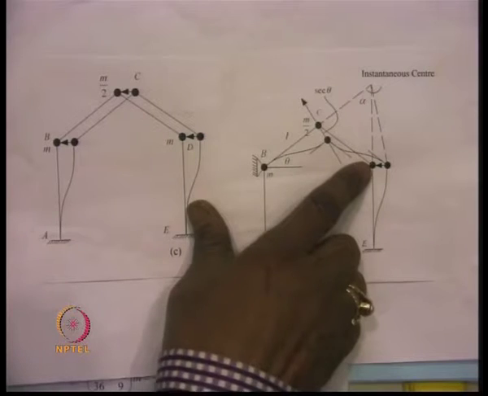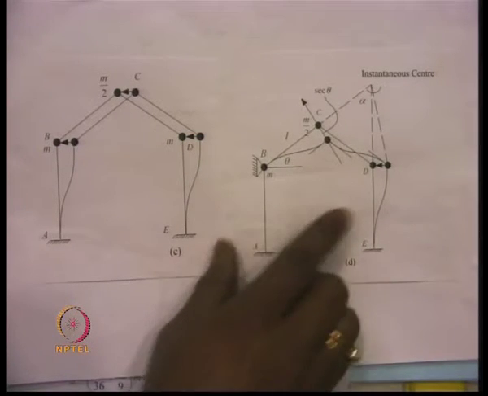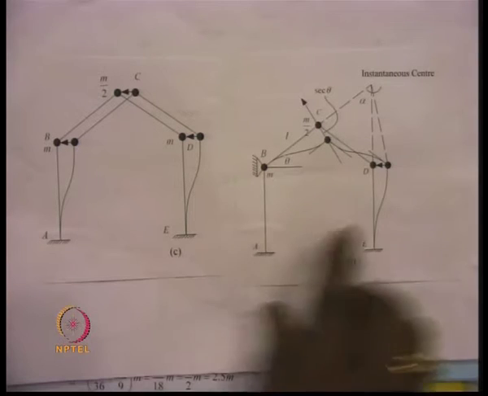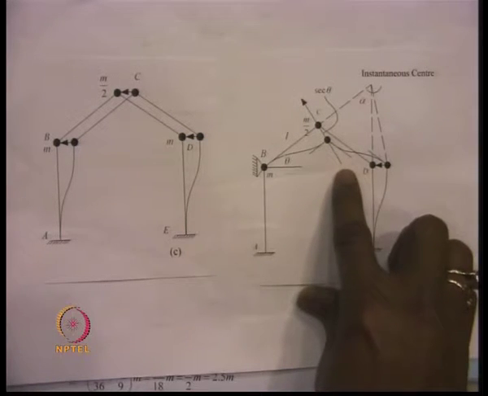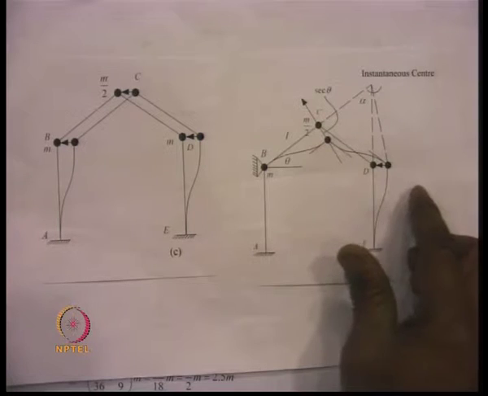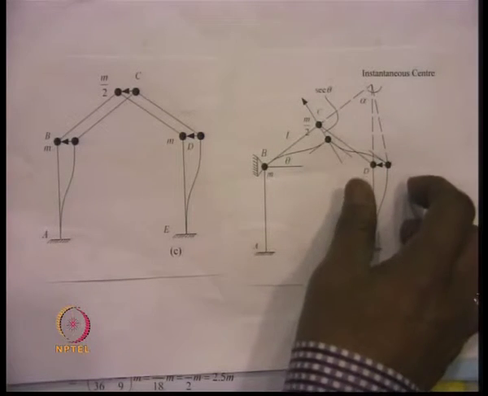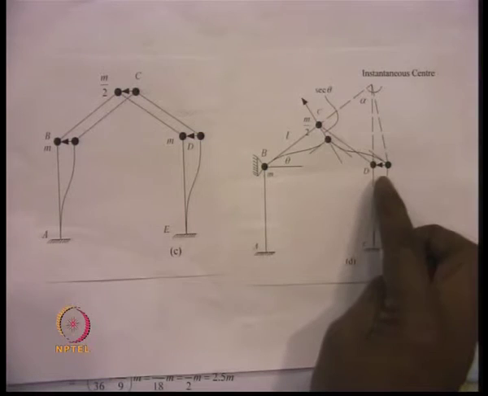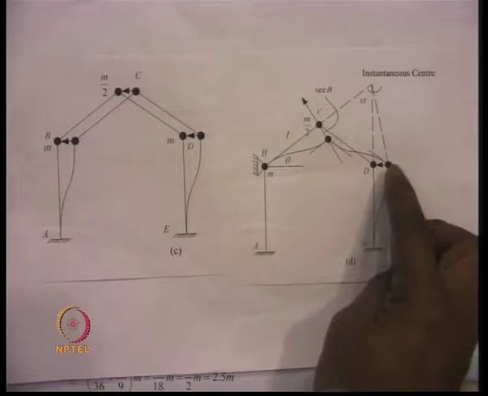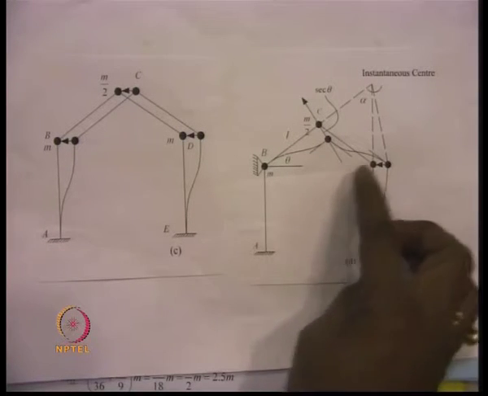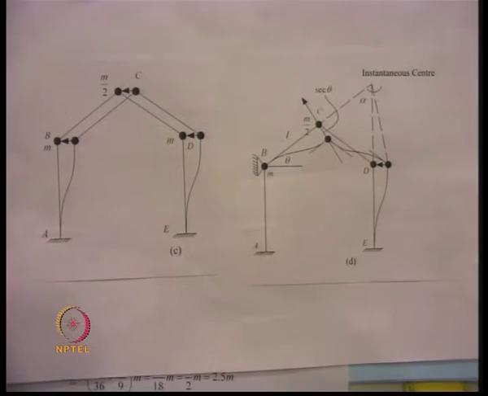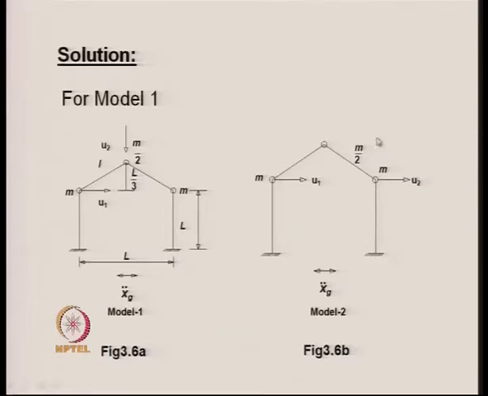The component of the force in the vertical direction will simply pass through the support, and the horizontal component of the force will get added to the previously calculated value of m11, and the addition of these two values will be the final value of m11. So, that way one can calculate m11 and m21 for model 2, which is shown in this particular figure.